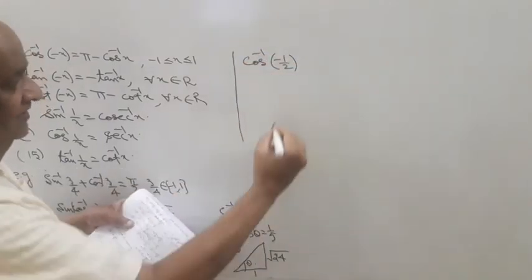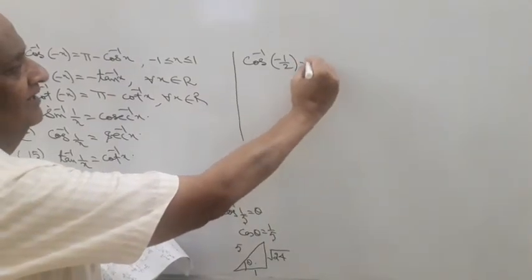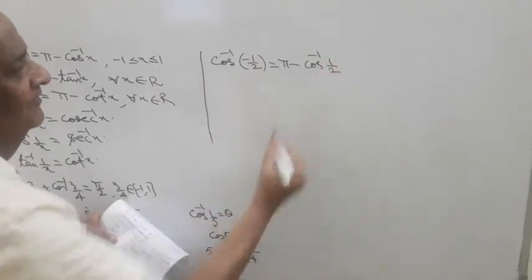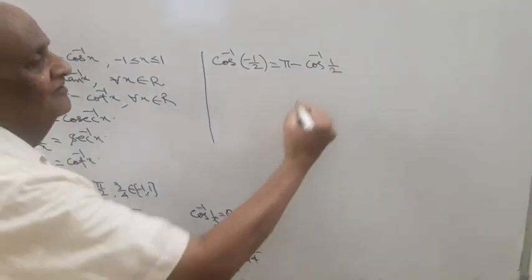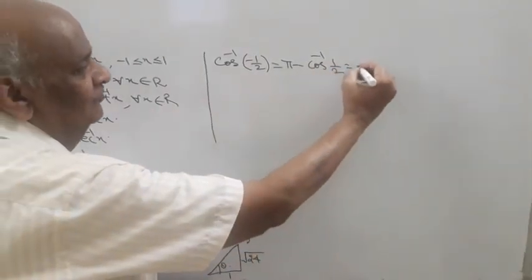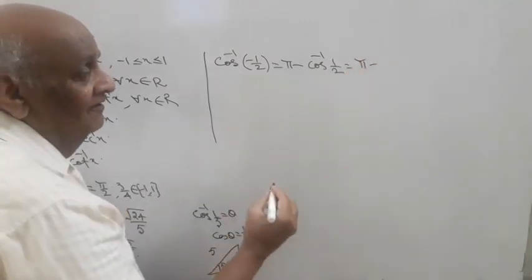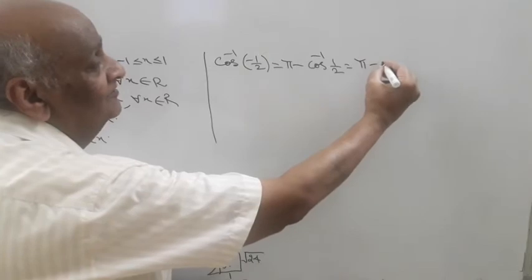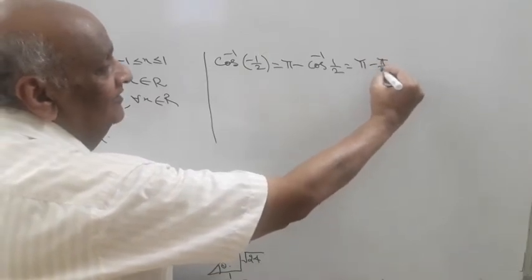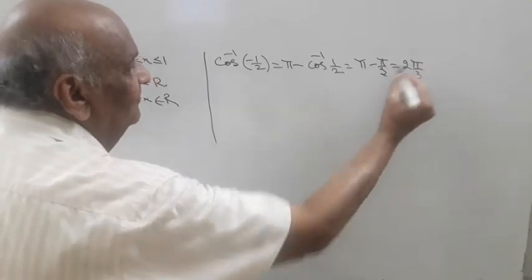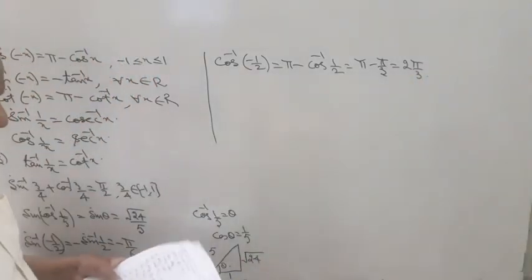Look, this is equal to pi minus cos inverse of half. This is pi minus pi by 3. This becomes here 2 pi by 3. Check out, cos inverse of minus half.